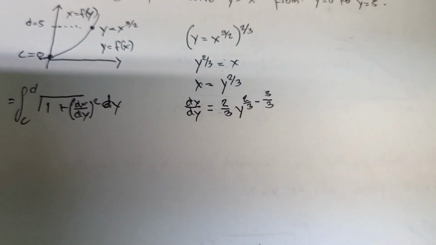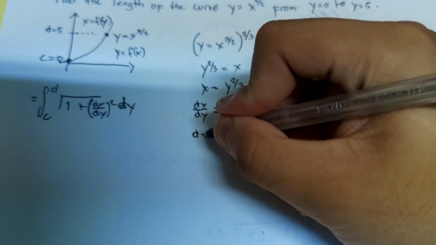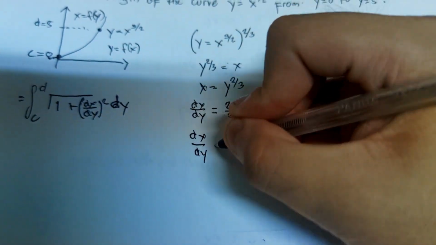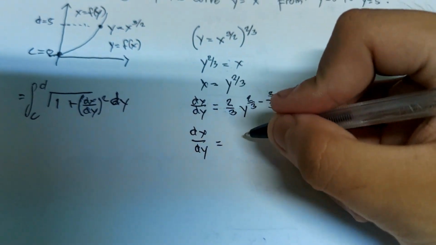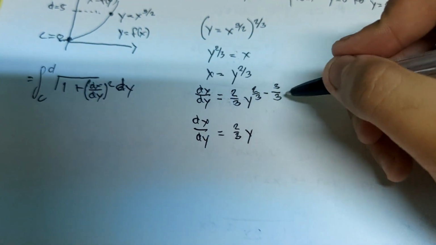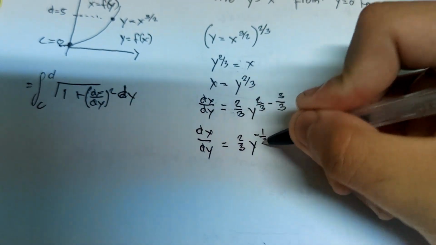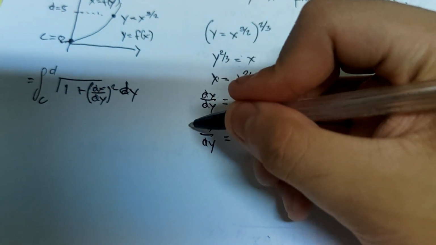Next, we can proceed with dx over dy equals 2/3 y to the negative 1/3, since 2/3 minus 3 over 3 is negative 1/3. So this will be squared.